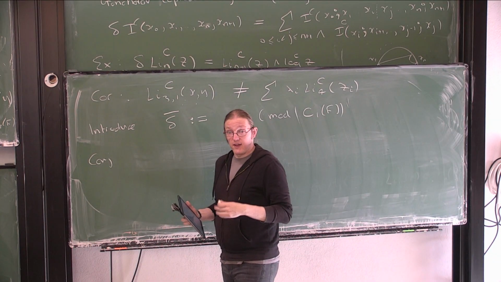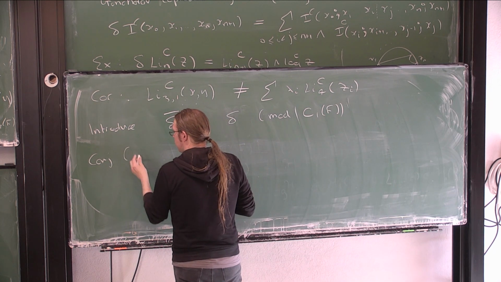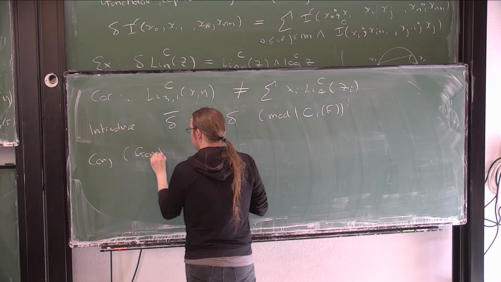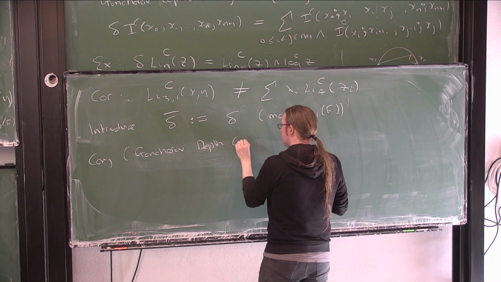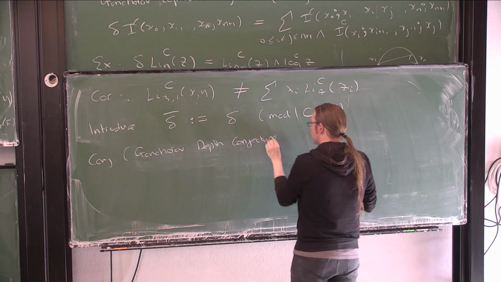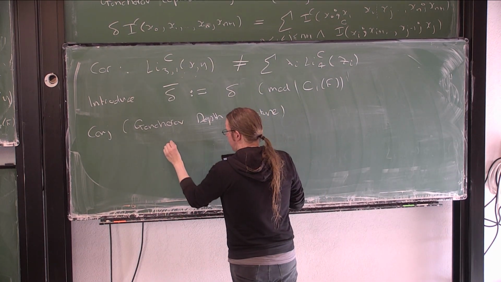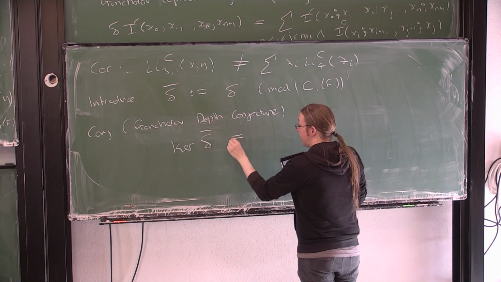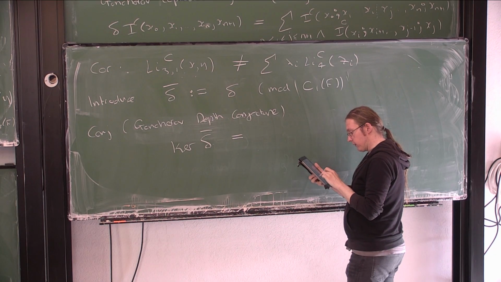And Goncharov then conjectures not only that it detects when it can't have depth 1, it detects exactly when its depth is 1. So there's a very special case of Goncharov's depth conjecture. The conjecture would essentially say the kernel of this truncated cobracket is exactly depth 1 polylogs.